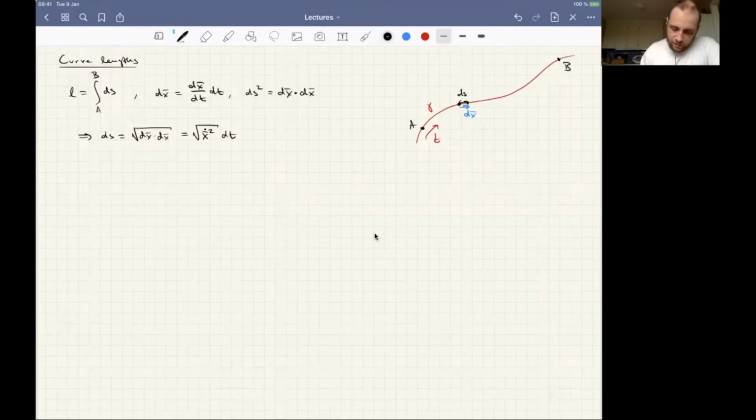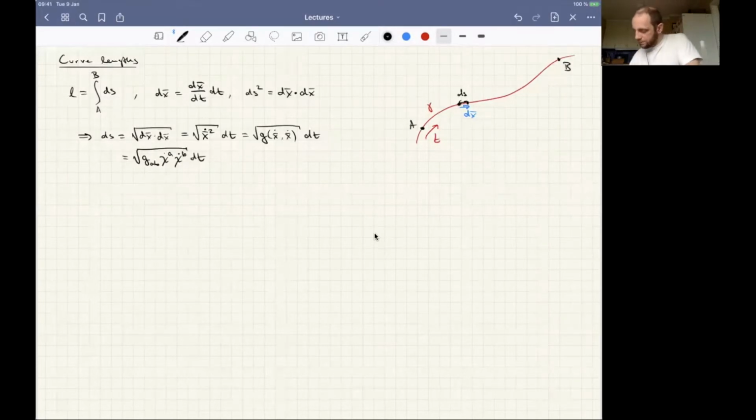So if I want to write this in general coordinates, this square has to be written with a metric. So this is g of x dot, square root, and then dt. Or in coordinates, the square root of g_ab chi dot a chi dot b, and the square root of that times dt.